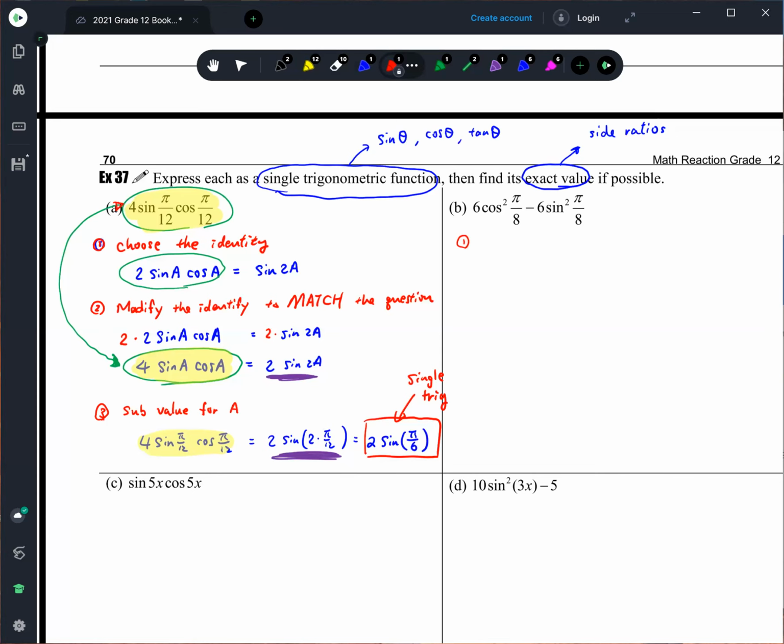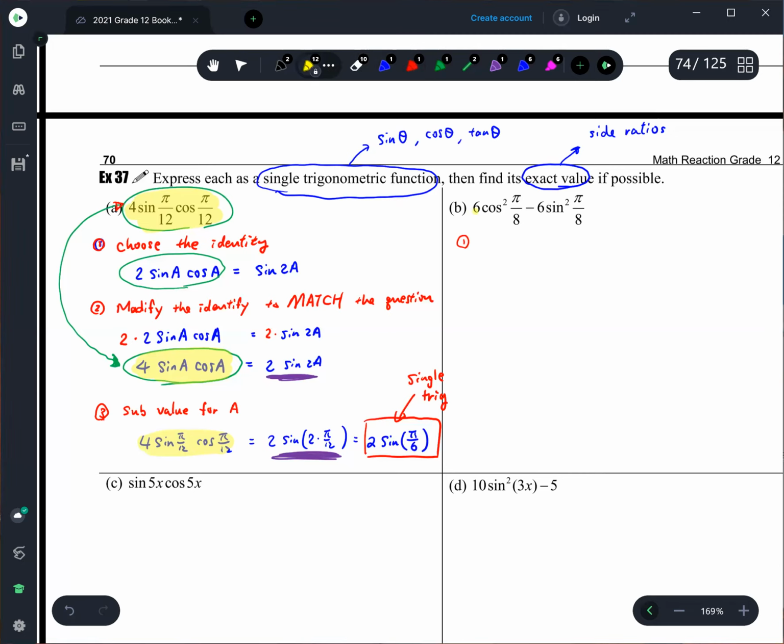Okay, very good. Because this one has a square, cosine square minus sine square, so we'll pick that one. Our first choice, cosine square A minus sine square A equal to cosine double.